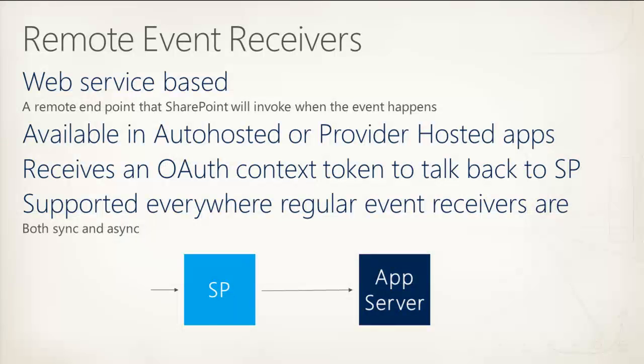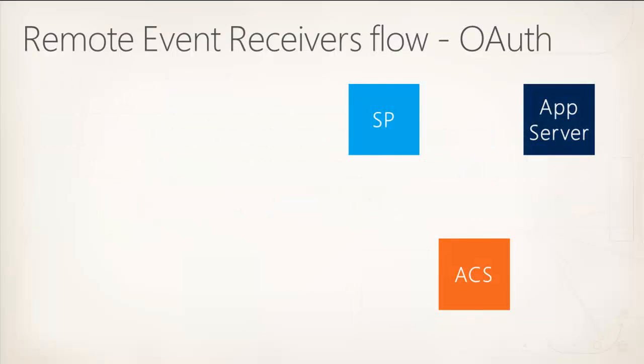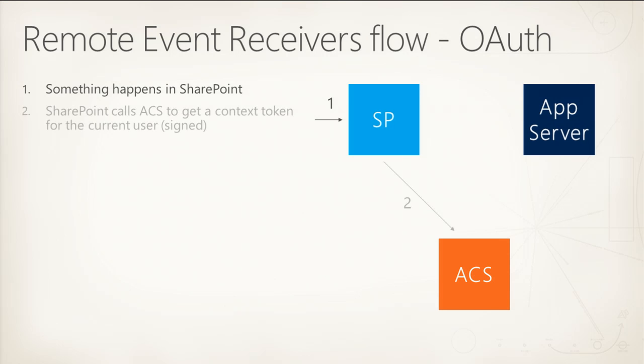So before I dive into the code, I thought I'd show you a little bit about the flow of how the app server, or the remote event receiver, gets that token that allows it to talk back to SharePoint. The first thing that happens in remote event receivers is something happens in SharePoint. An item got added, updated, deleted, the security context information changed, the web got created, whatever event you actually plug into.